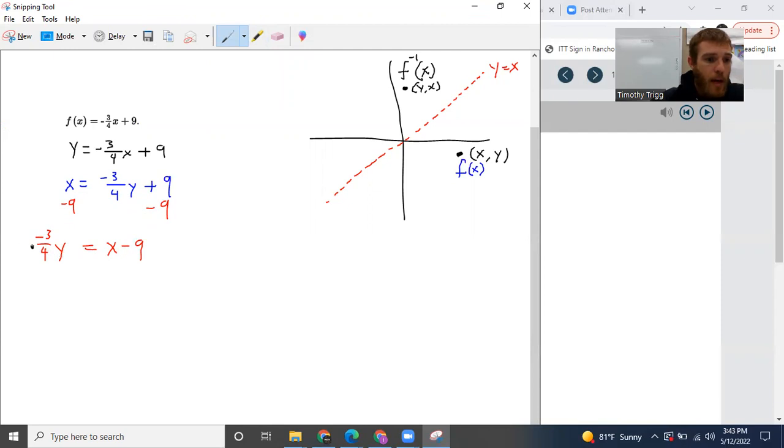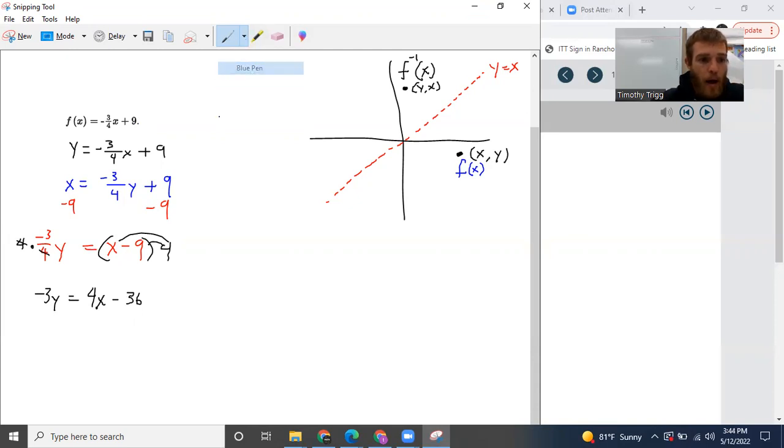Then perhaps I would multiply by 4 to cancel this out, multiplying this side by 4 as well. So that gives me negative 3y equals 4x minus 36. This 4 multiplies with both the terms here.